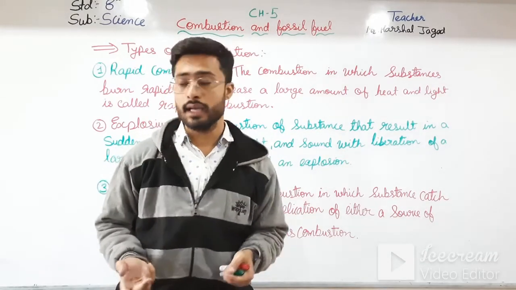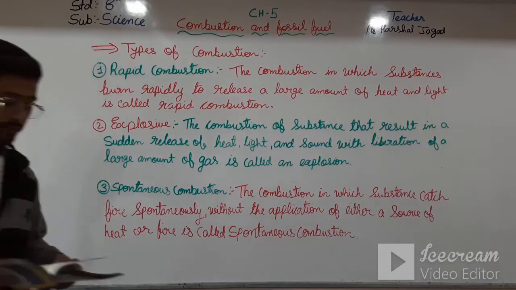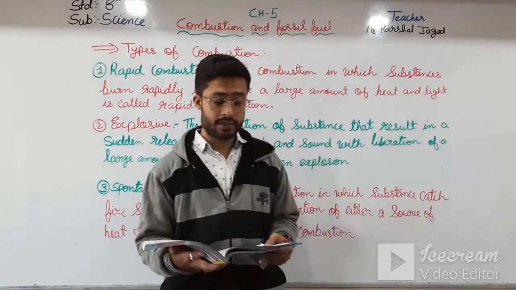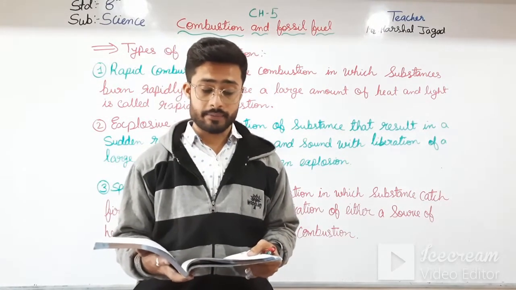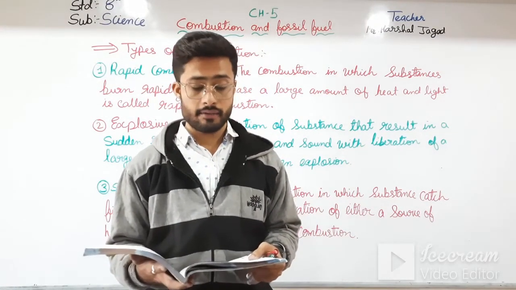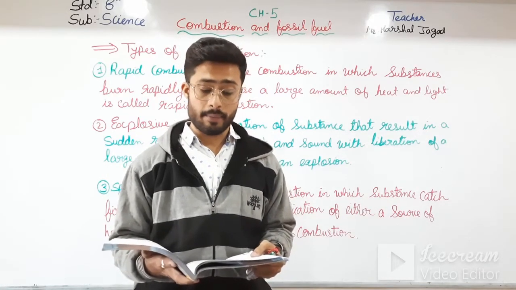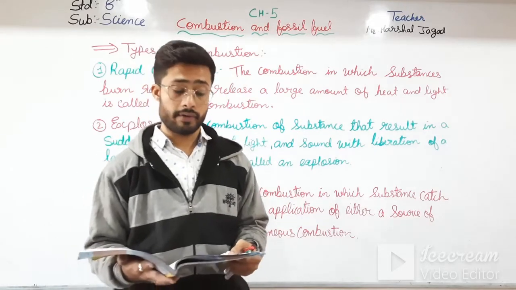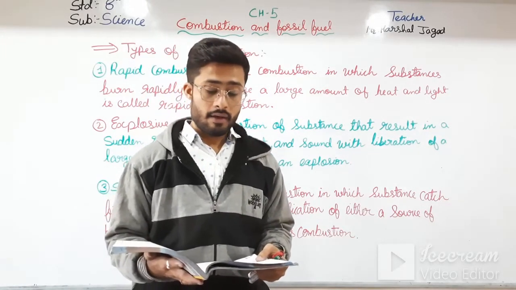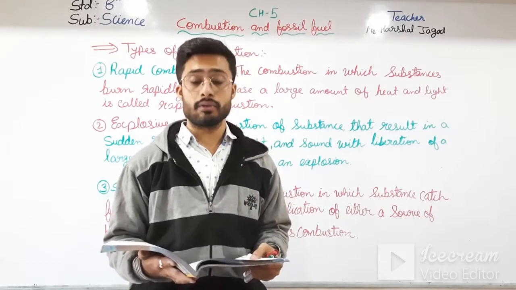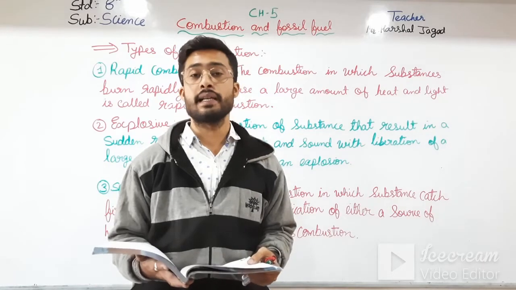Okay, so see here, let us see it. Rapid combustion requires either a source of heat or fire for a substance to start burning, which results in fire. The combustion in which substance burns rapidly to release a large amount of heat and light is called rapid combustion. For example, when a matchstick is brought near the gas stove, LPG burns rapidly to produce heat and light.